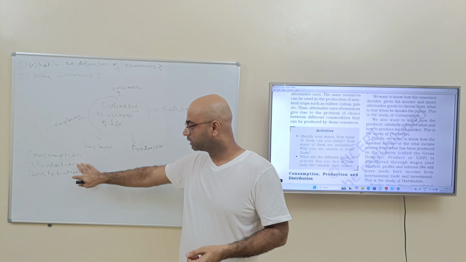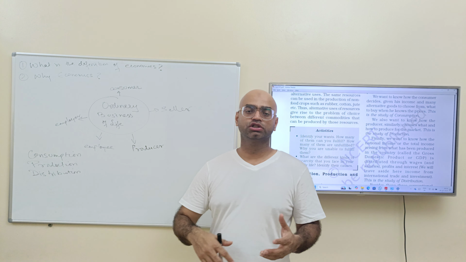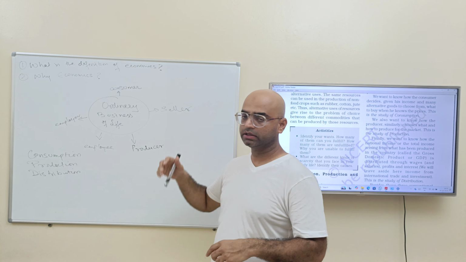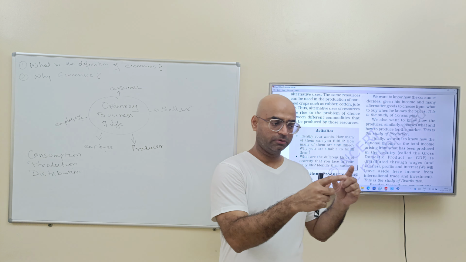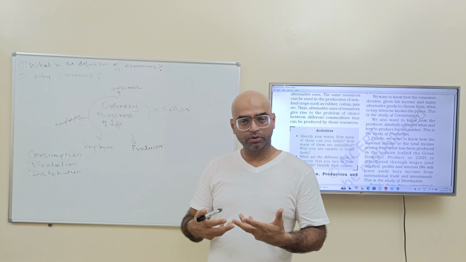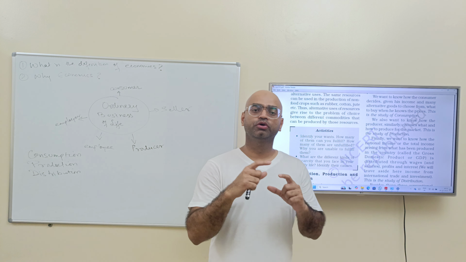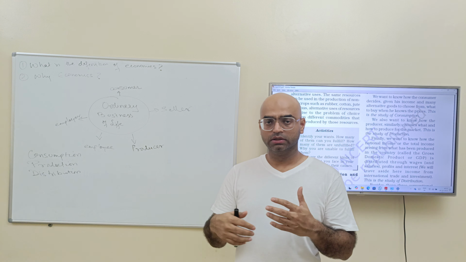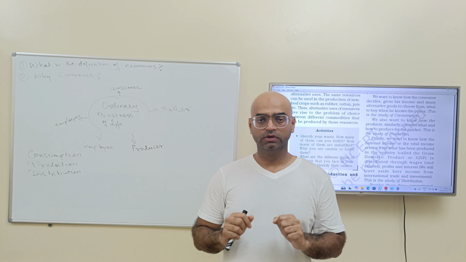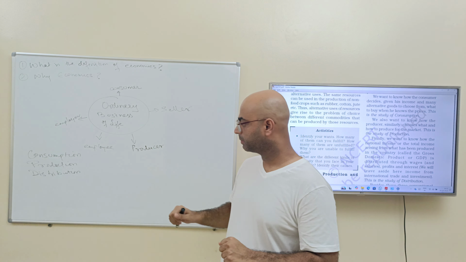So consumption is understood. Now production is also like the producer or the seller keeping their market in mind, keeping in mind the person who's consuming their product. They produce a product and sell it for that particular segment of customers, right?